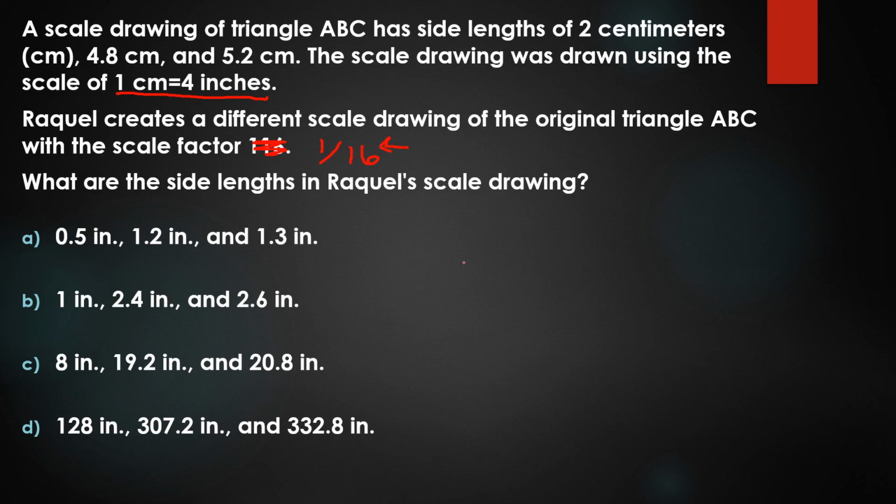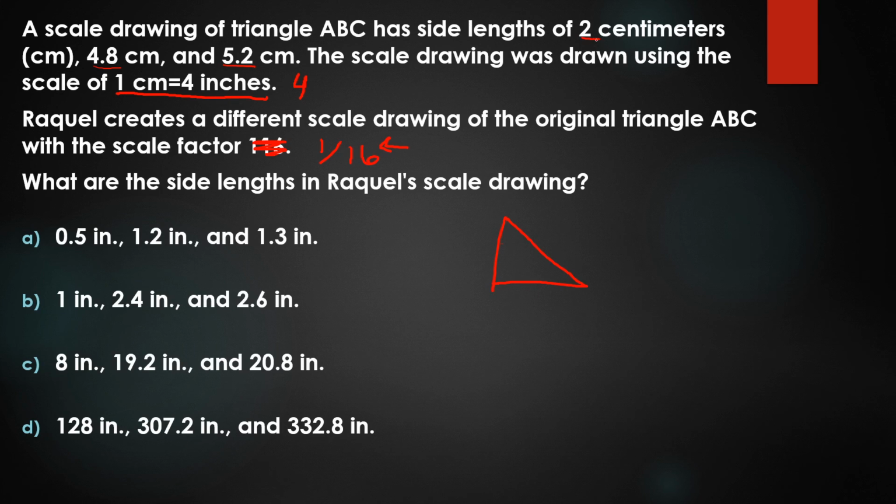Okay, so first we're going to find triangle ABC with the 2 centimeters, 4.8, and 5.2, we need to change all of those to inches. For every 1 centimeter, I get 4 inches. So if I have 2 centimeters, I would have 8 inches. This scale factor here is essentially telling me I have a scale factor of 4, which means I'm going to be multiplying all 3 sides by 4.